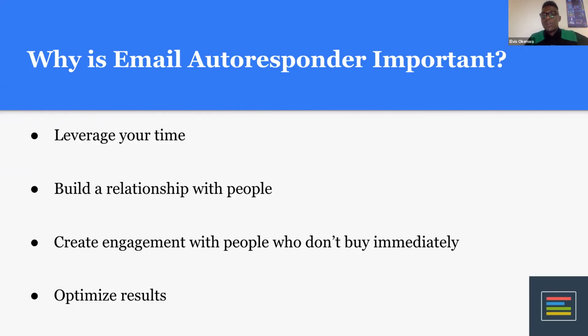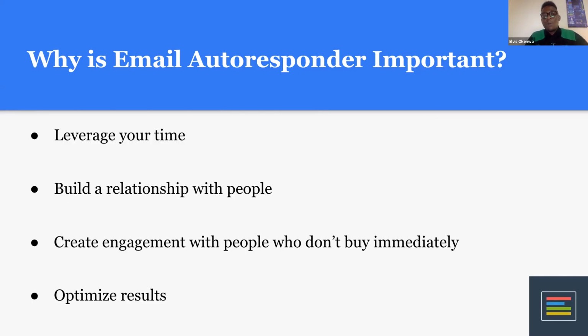Now it also helps you create engagement with your leads. Like I said earlier, if you don't buy immediately, you can still use these autoresponder emails to create those engagements. So it's super important. Finally, it helps you optimize the results. You can see what is the open rate, what is the click-through rate, how many sales am I getting from a specific email campaign.